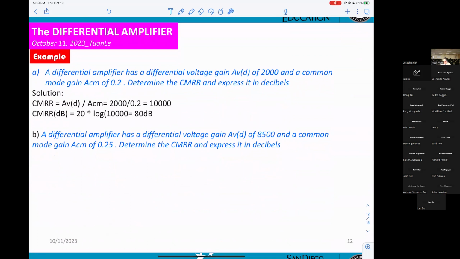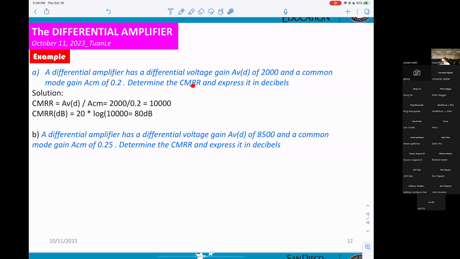Now, for example, a differential amplifier has a differential voltage gain AVD of 2000 and a common mode gain ACM of 0.2.